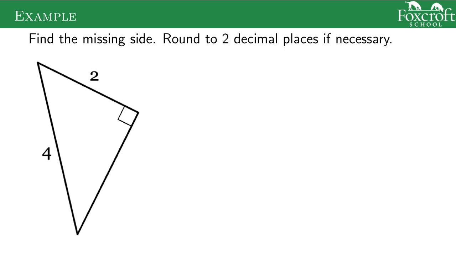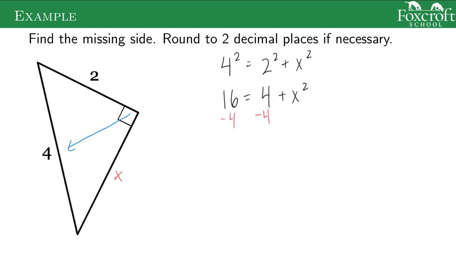Here's another example. Same thing. Find the missing side, that's called x. First thing, identify the hypotenuse: across from the right angle is 4. So in my equation 4 is going to be by itself, and the 2 squared and the x squared are going to be together. 4 squared is 16, 2 squared is 4. Then we solve it just like the last problem. Subtract 4 from both sides.